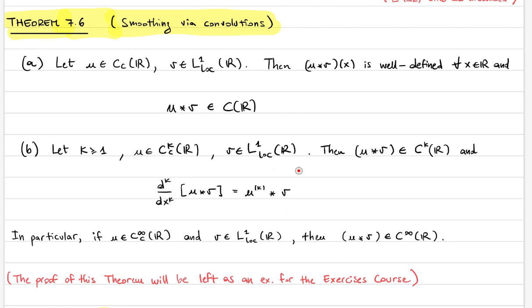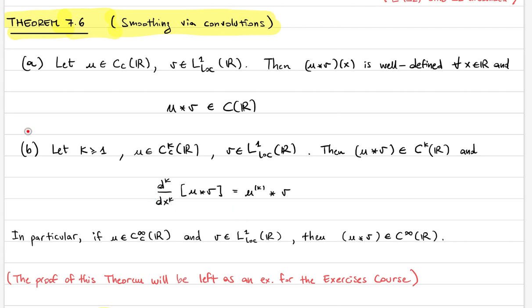So what's happening here? Again, v is just L1, but u is C^k, and then the convolution becomes C^k. And if you want to differentiate this function with respect to x, then you just pass the job of the derivation onto the regular function, which is u in this case. So the derivative of a convolution is just convolving the k-th derivative of the regular function with v, the non-regular one. And this is exactly why convolutions are very useful, this property here.